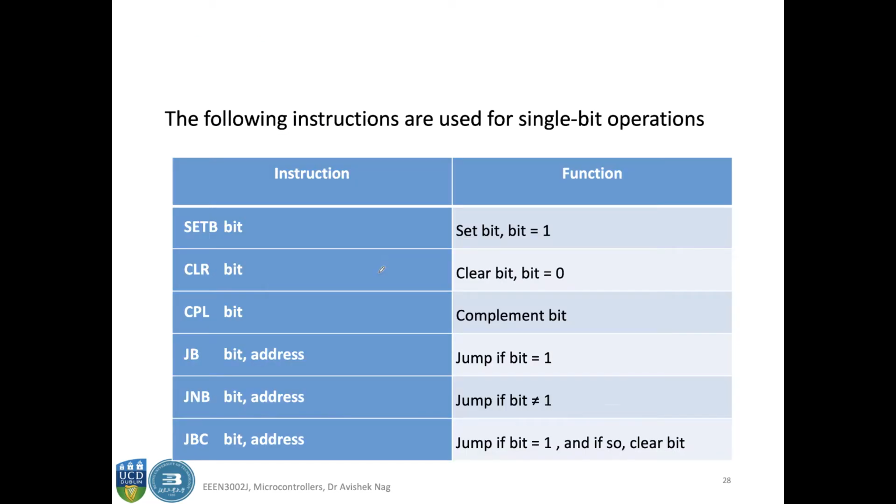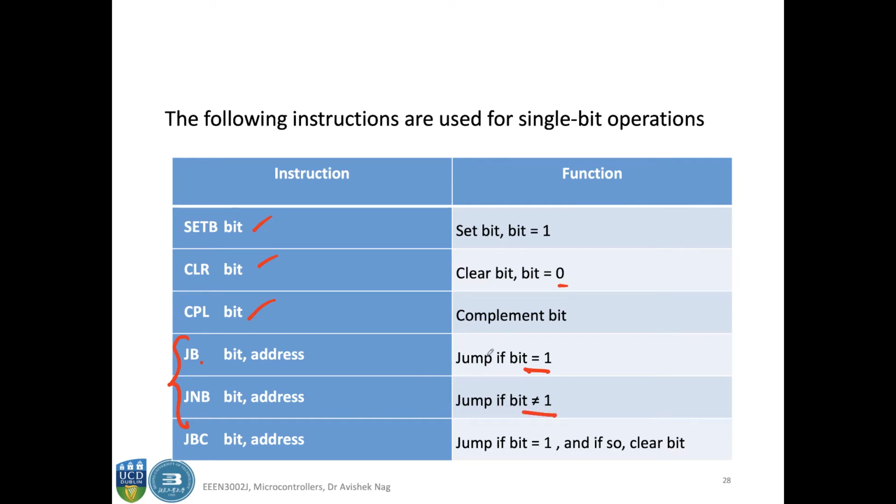You can use different instructions for single bit operations. SETB and CLR you saw; they can be used to set the bit to 1 and clear it to 0. You can complement the bit also by using this instruction, and then you can jump based on the status of the bit, whether the bit is 1 or whether the bit is not 1.